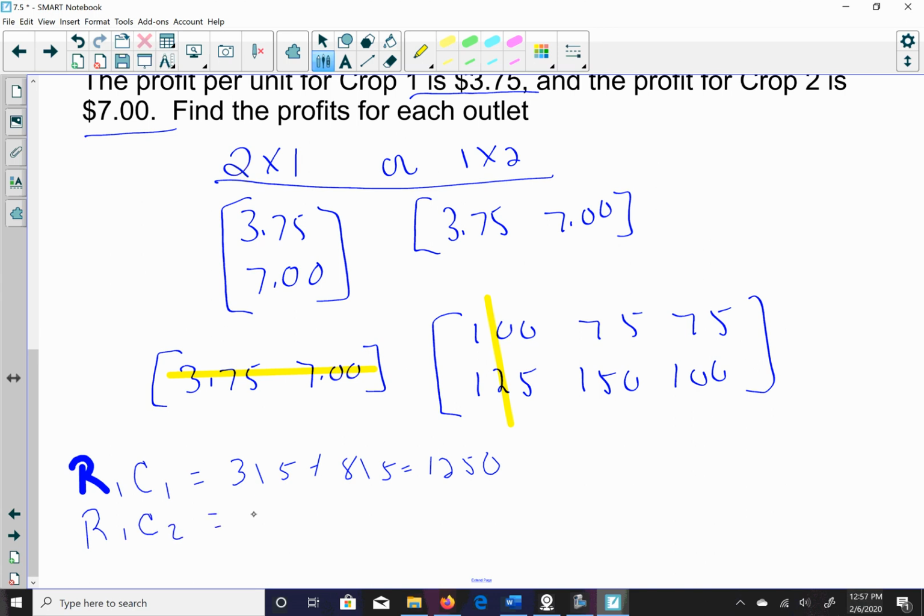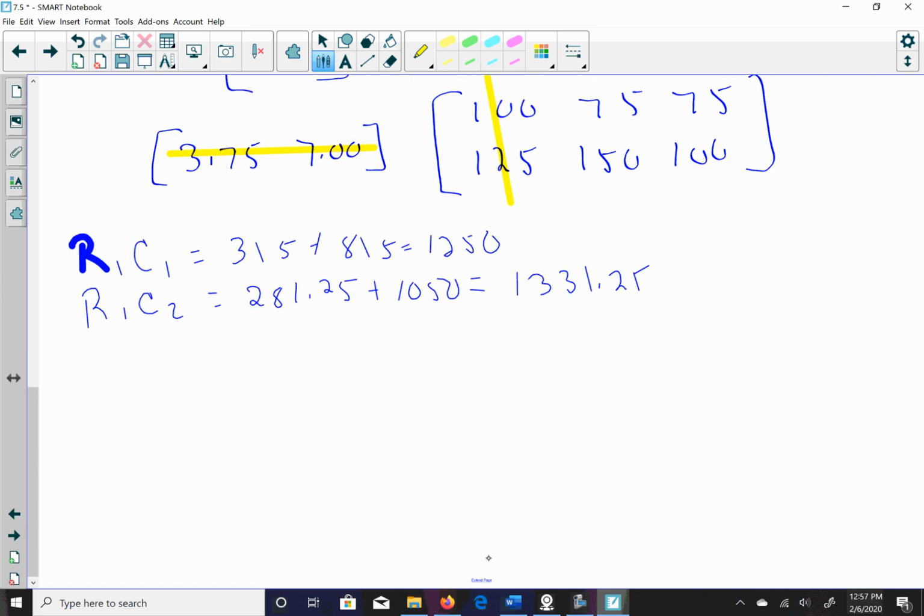I'm going to get 281.25 plus 1050, and that total profit is $1,331.25. Because I know it's dollars. And then row 1, column 3 is going to be 281.25 again, plus 700.